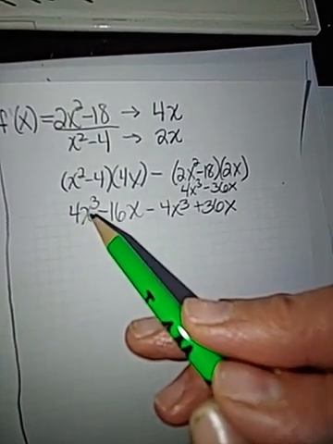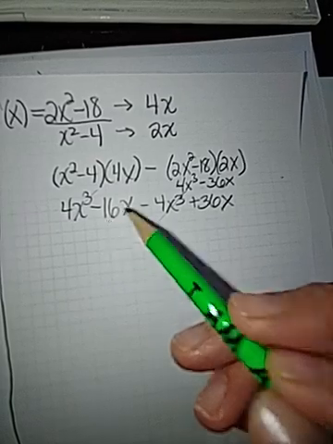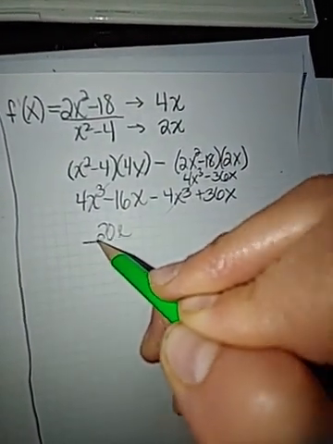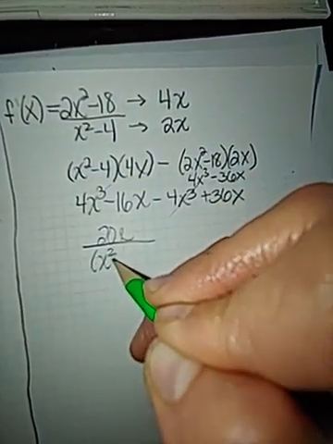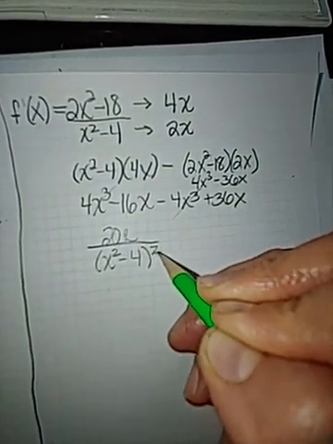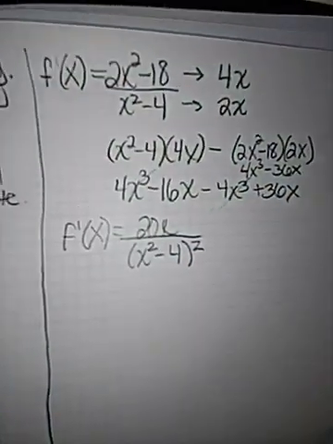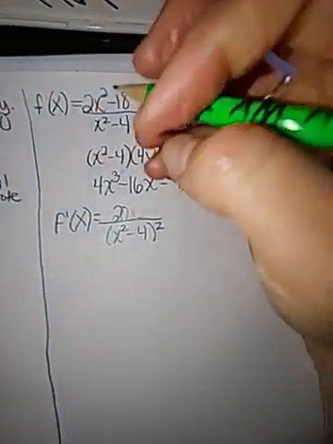So the 4x to the thirds cross off. I have negative 16x and 36x, so I have 20x over, and then it was g squared, so x squared minus 4 squared. This is my first derivative.